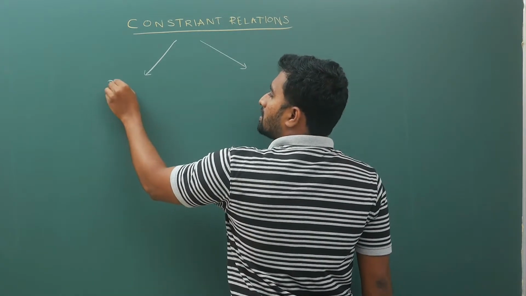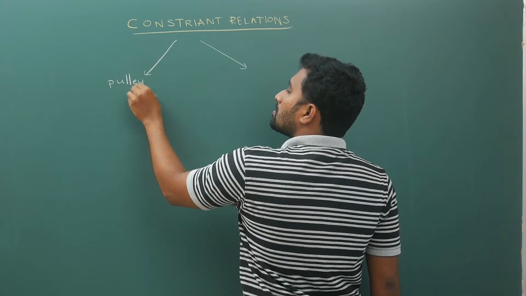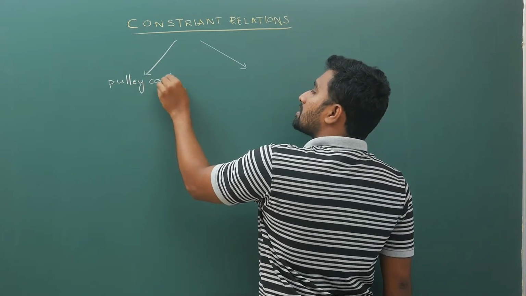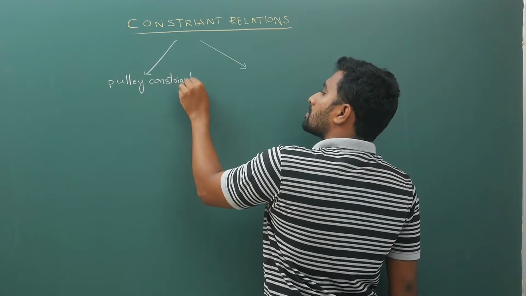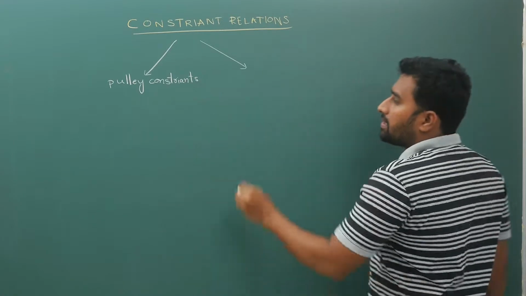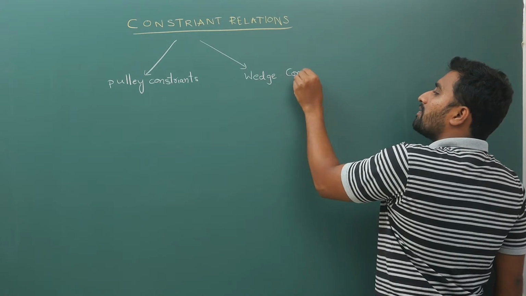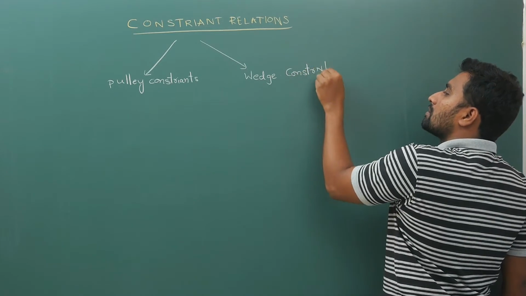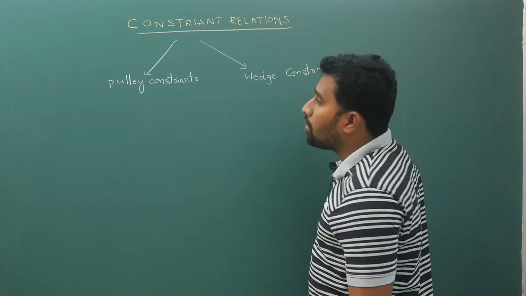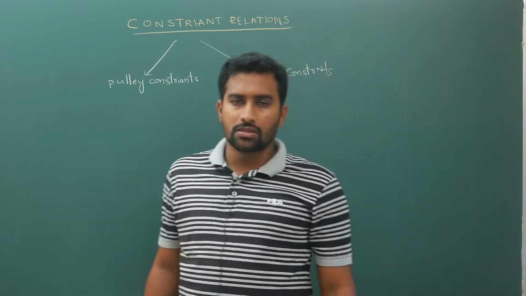One is called pulley constraints, and the second type is wedge constraints. Pulley constraints and wedge constraints. So two types of constraint relations you have.